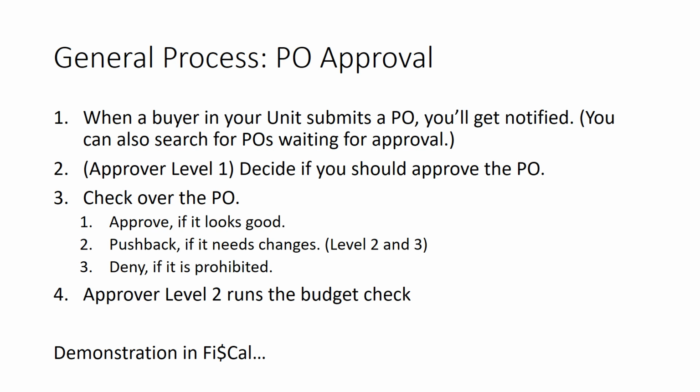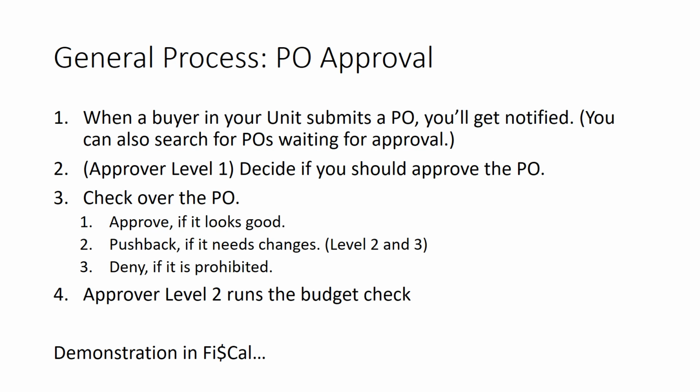You might choose not to, if, for example, it's a purchase of equipment for a station that is not in your battalion. If you do decide the purchase and/or purchaser is in your jurisdiction, you should proceed with the approval process. If you are approver Level 2 or 3, you are most likely responsible for the whole unit and should just move on to Step 3.